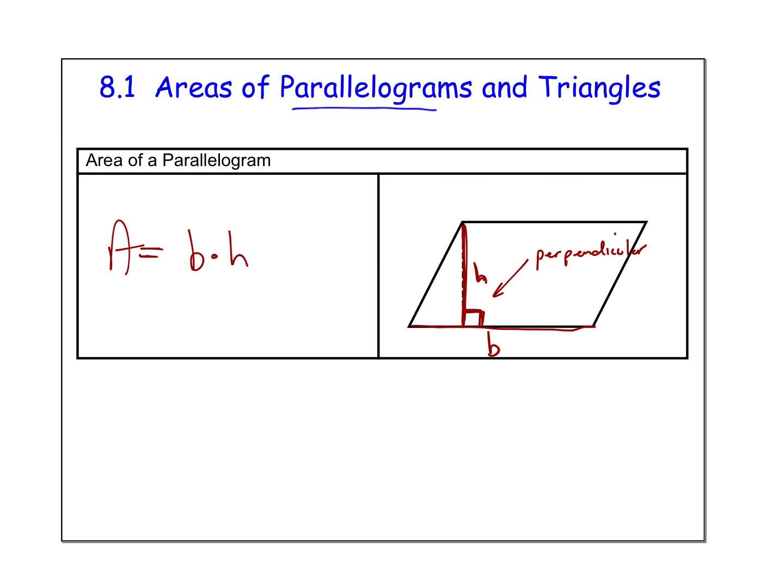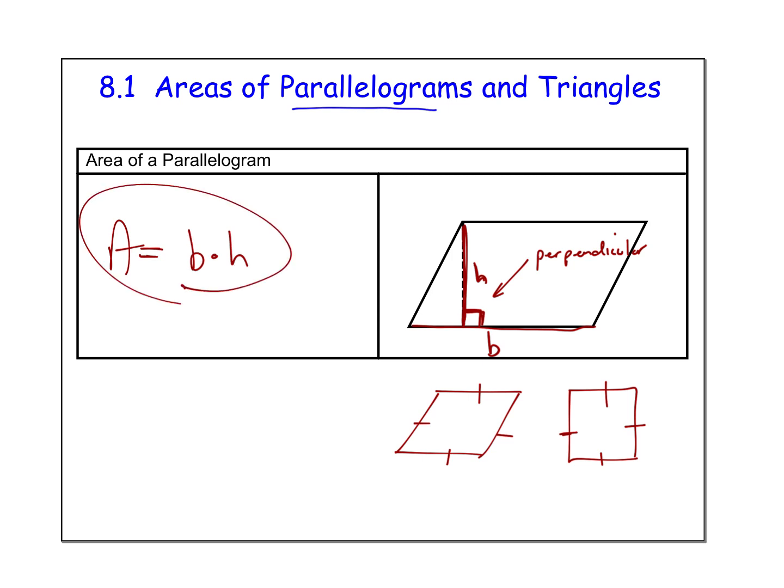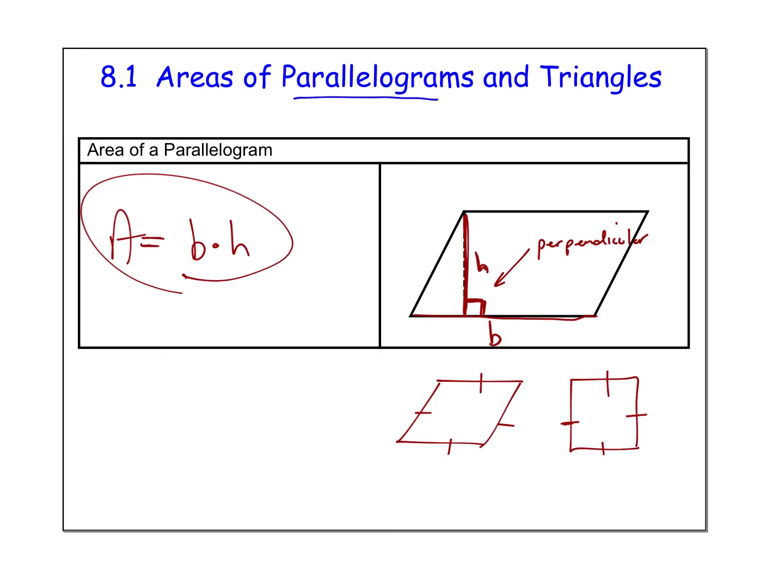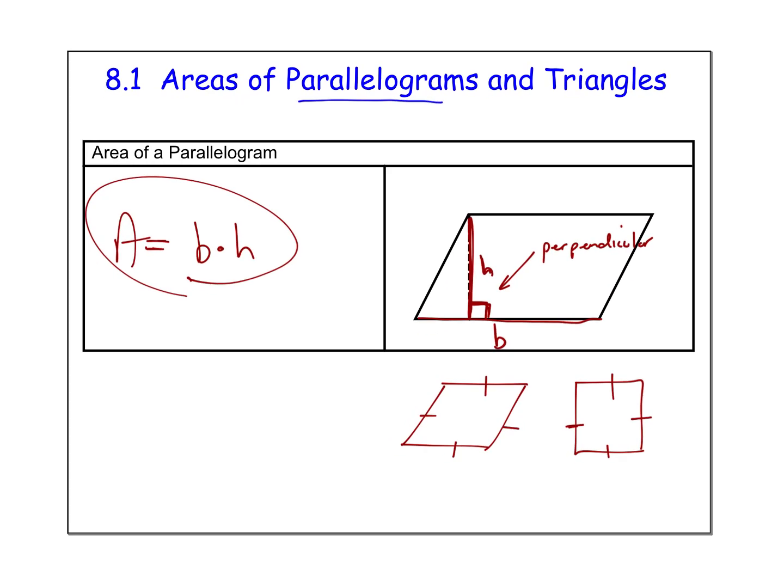And this carries over. If you have a rhombus, where all four sides are equal, or a square, all those things fit into that category. So any kind of parallelogram, it's just going to be base times height. That's all it is, and that's going to be your answer.